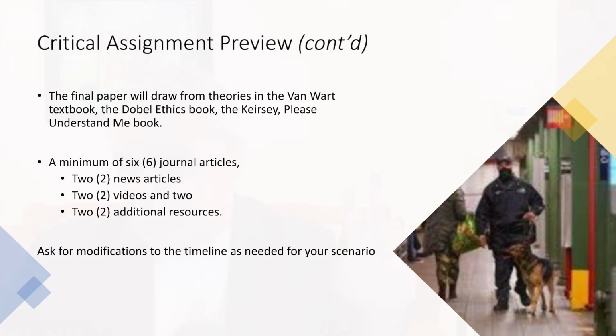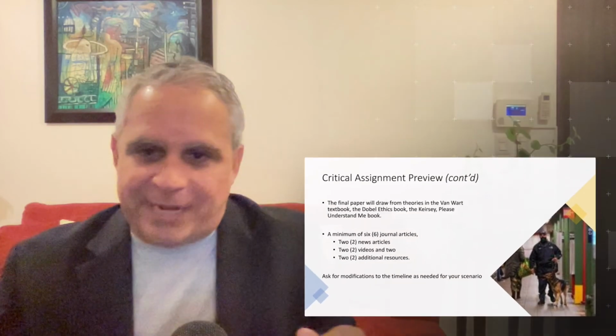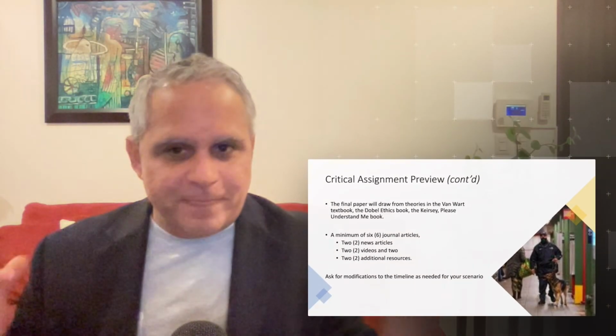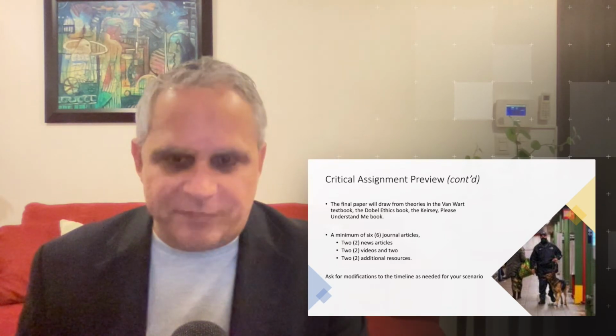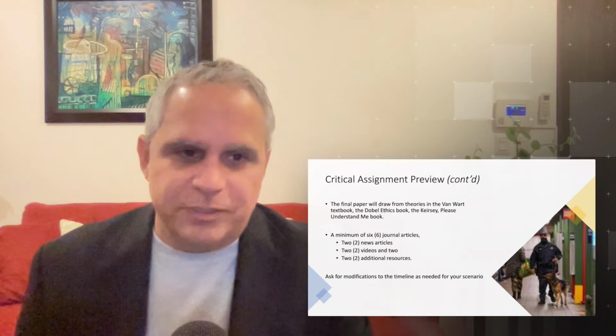So you can have 2 news articles, 2 videos, and then 2 additional resources. This is the minimum that you are expected to have for this final assignment. These are some of the deliverables that we are going to have for the entire course.